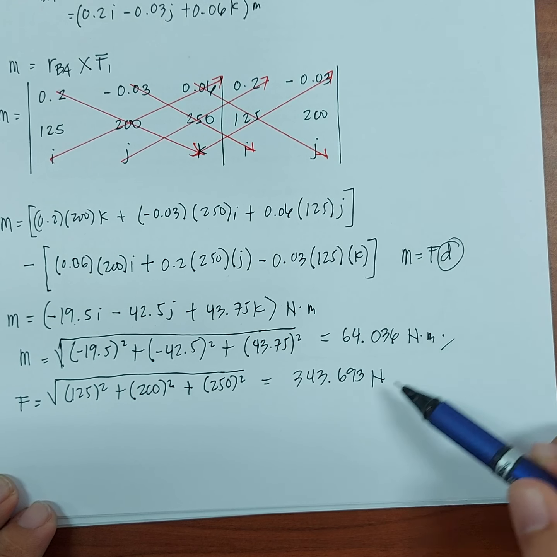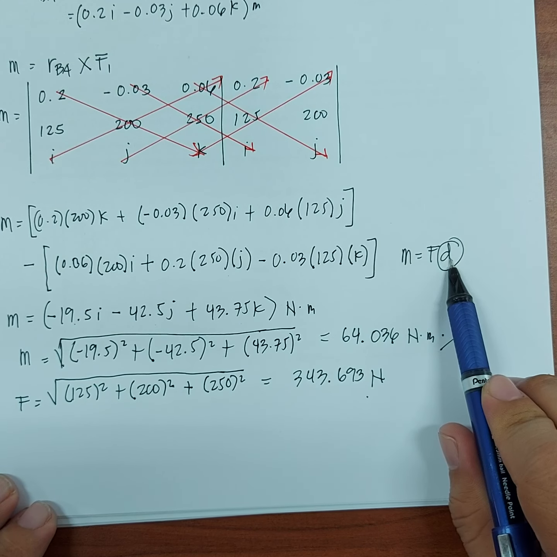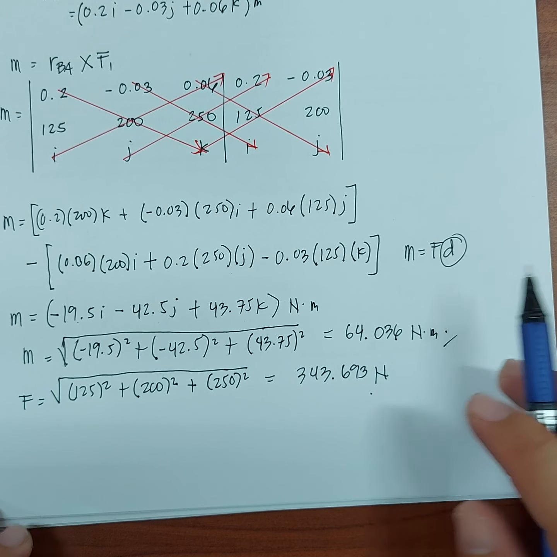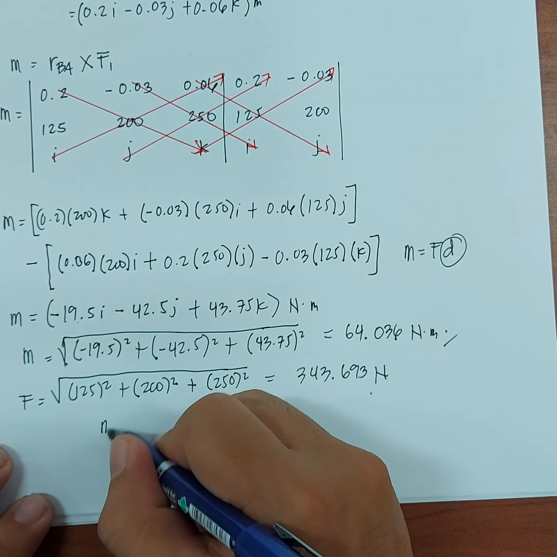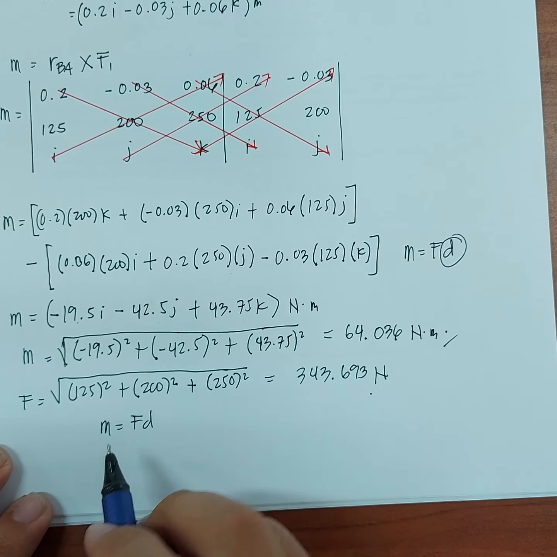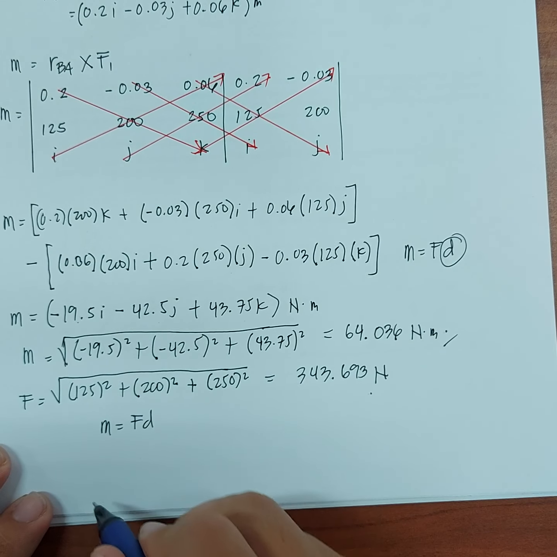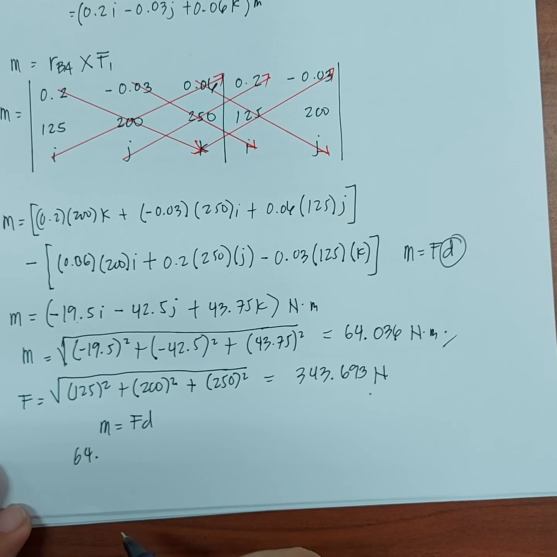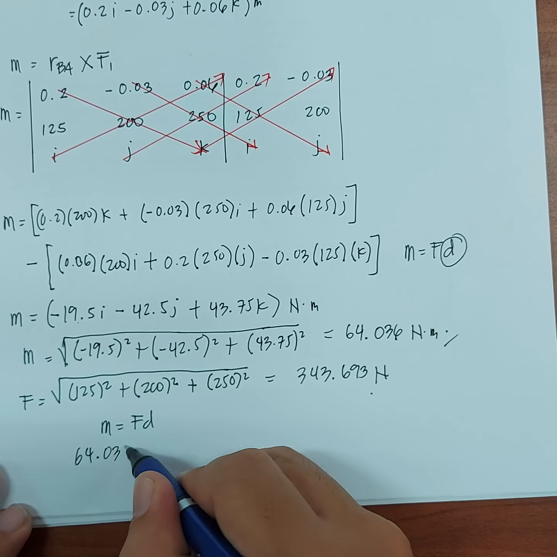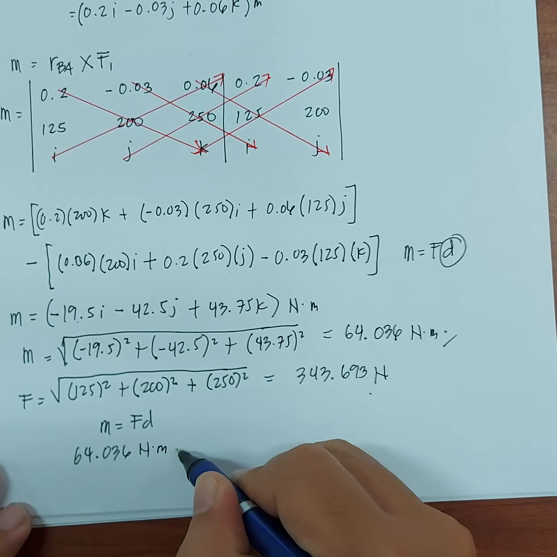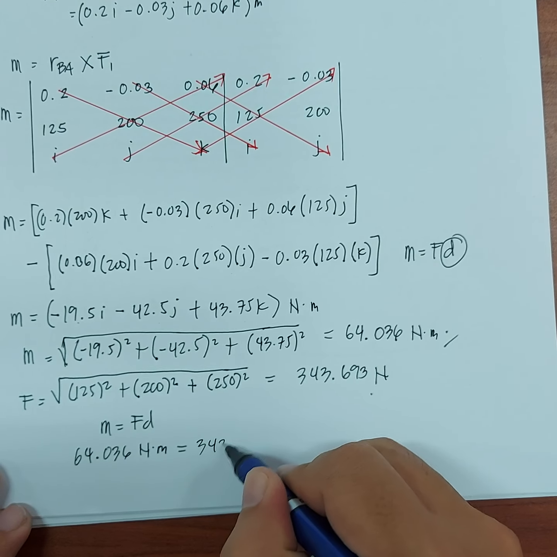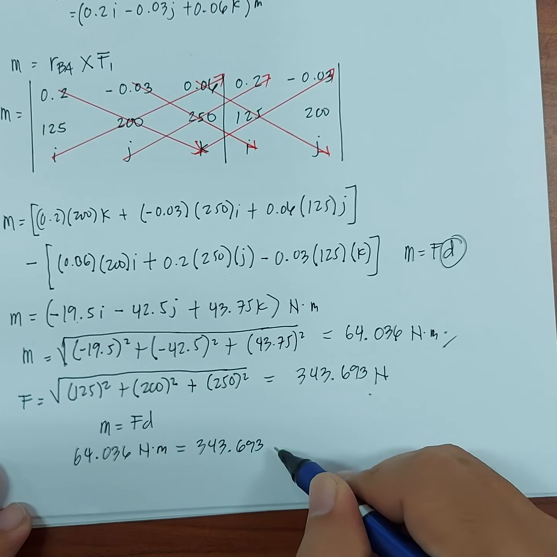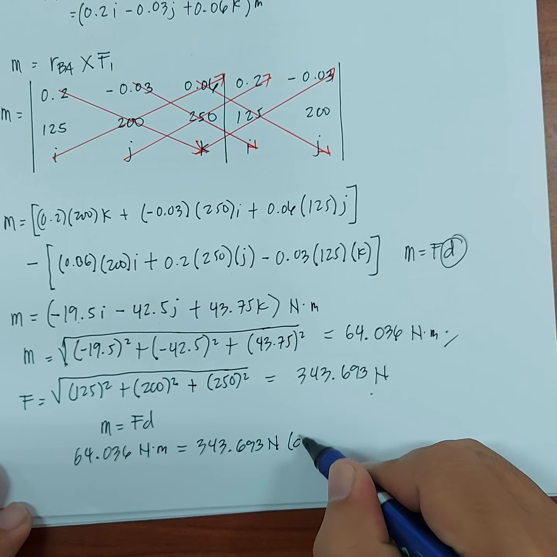We have the moment, we have the force. Now, we now solve for the distance between the two forces. Okay? So, M is equal to force times distance. M is 64.036 Newton meter is equal to 343.693 newtons times D, which is the unknown.